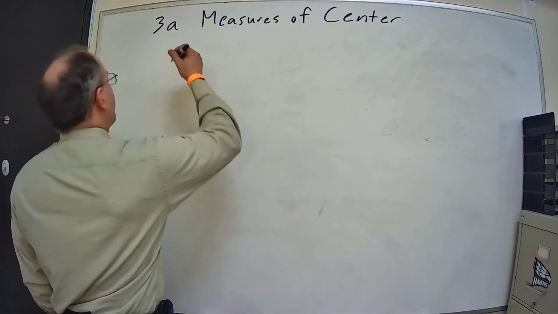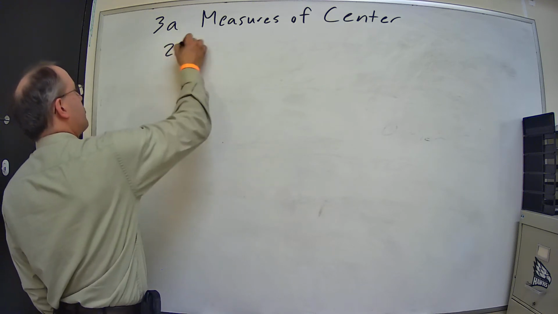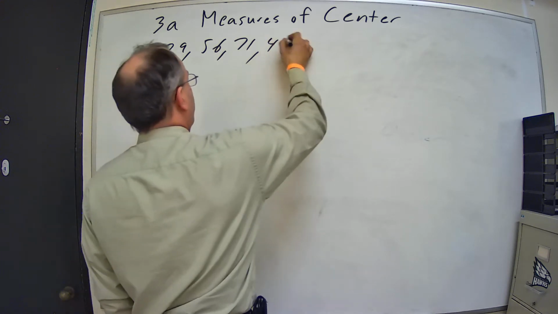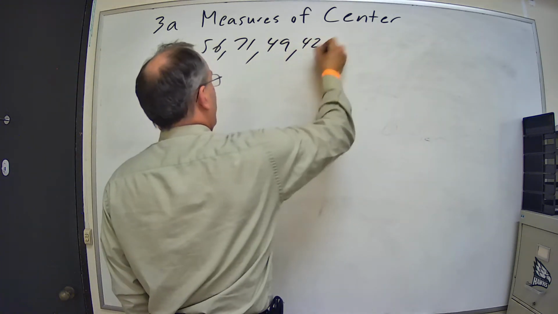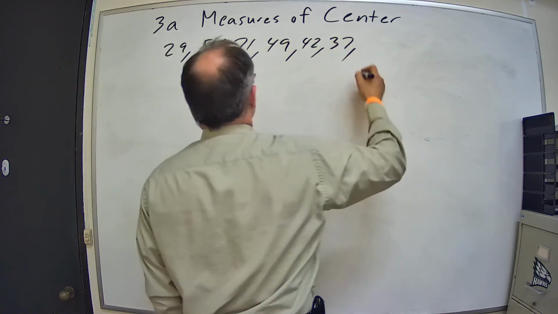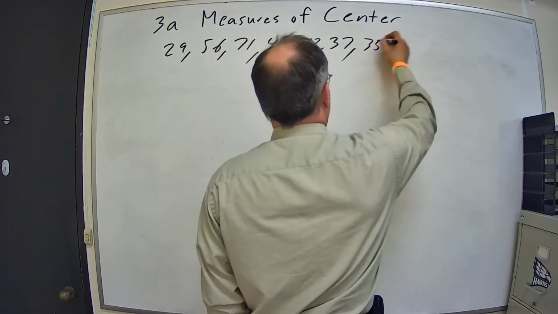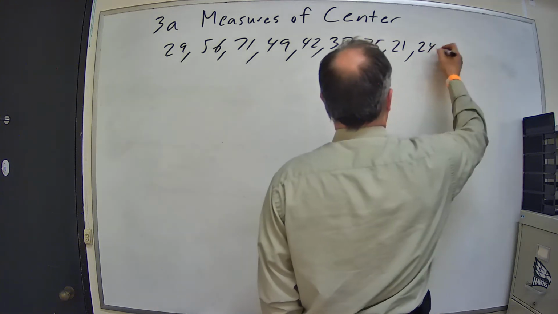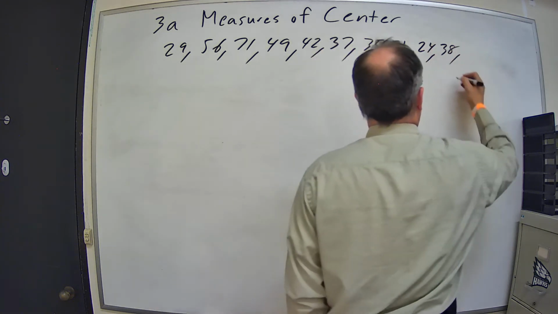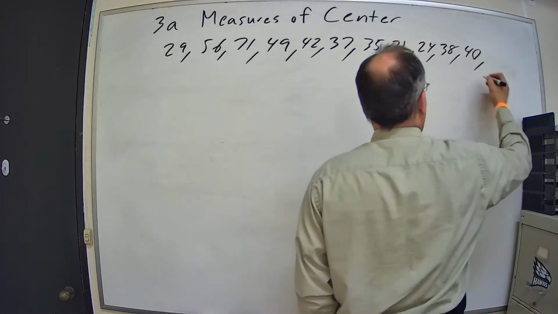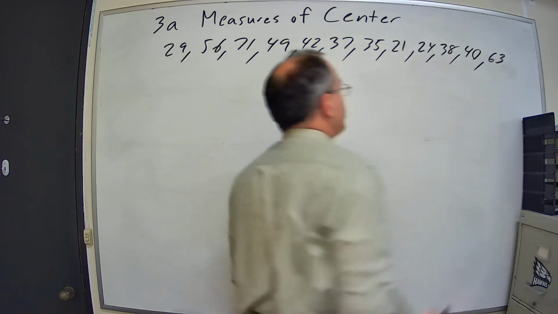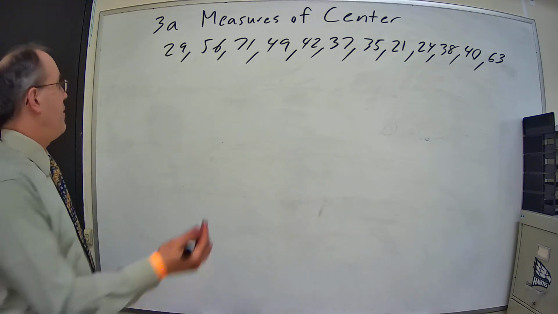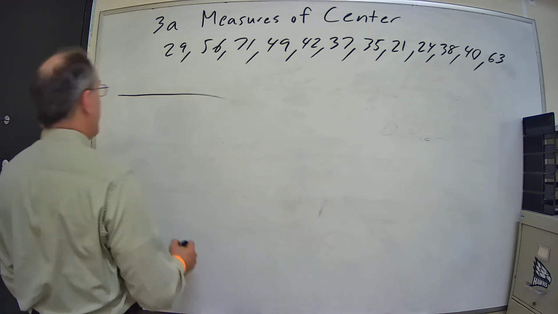So let's get some ages here. We've got someone who's 29, 56, 71, 49, 42, 37, 35, 21, 24, 38, 40, 63.